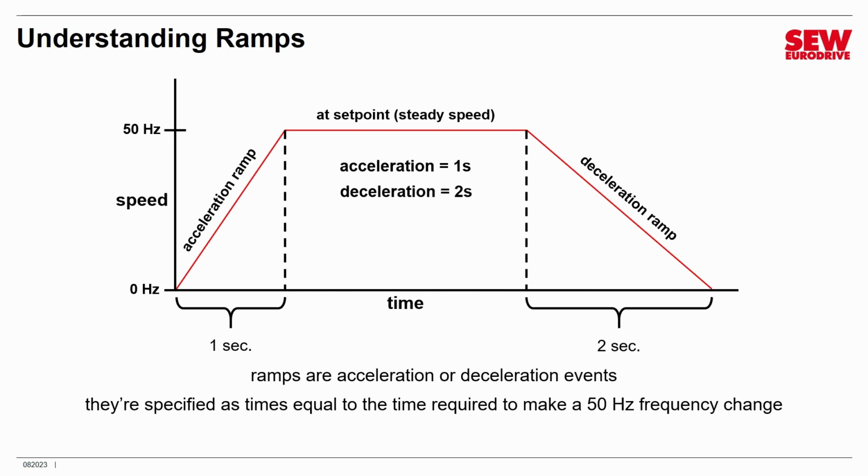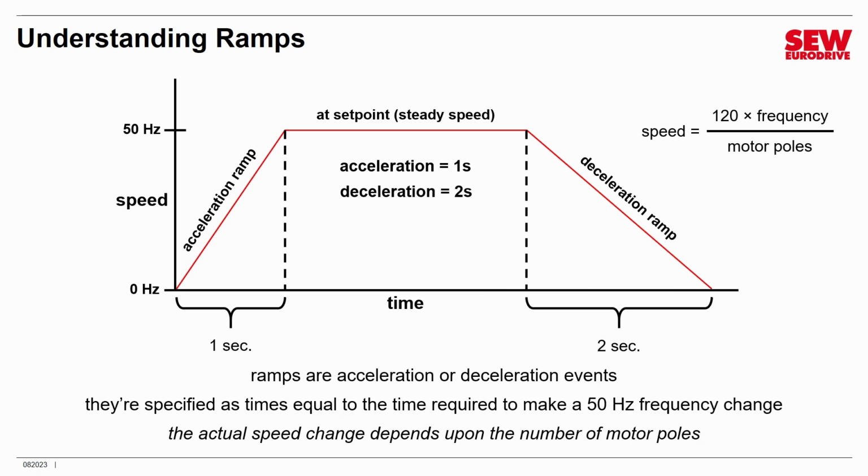Let's say in this case we set our acceleration time to 1 second and our deceleration time to 2 seconds. What that says is the acceleration ramp takes 1 second to ramp from 0 Hz all the way up to 50 Hz, and the deceleration ramp takes 2 seconds to go from 50 Hz down to 0 Hz. Remember though, the actual speed is going to depend upon the number of poles in the motor.